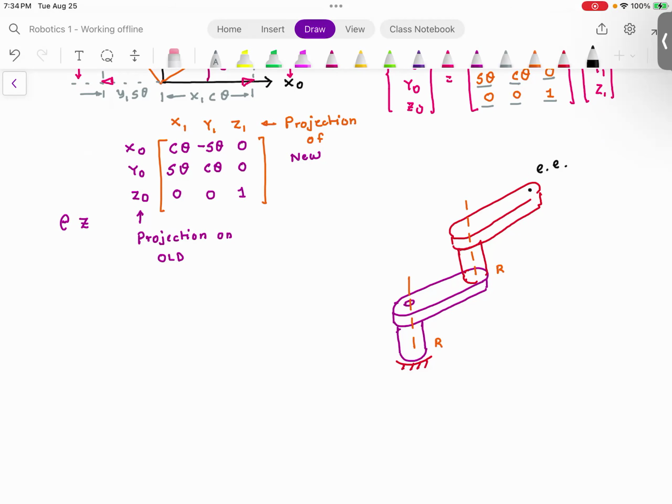Now you can have a motor here that will rotate this first link. You can also have a motor here that will rotate the second link. So there are two links and two revolute joints. Do you agree with me? So now what I'm going to do is give you some dimensions. This dimension is A1.